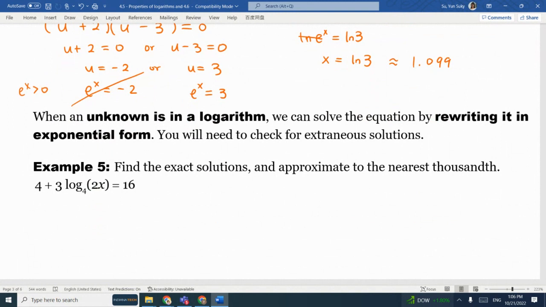If we have fractions, we require the denominator to be not 0, right? And if we have ln, we require the things in the ln to be positive, right? That's why when we solve equations with square roots, rational expressions or log, we need to check those things. Okay, everybody?